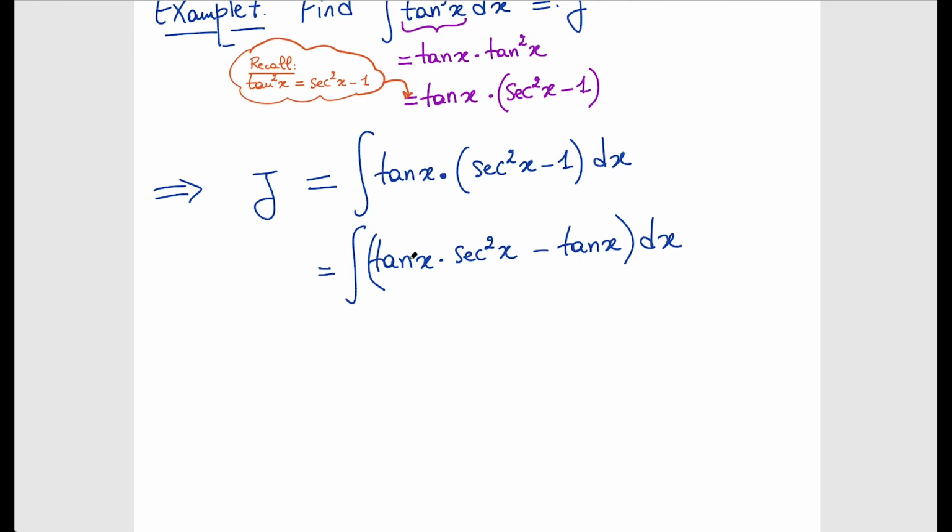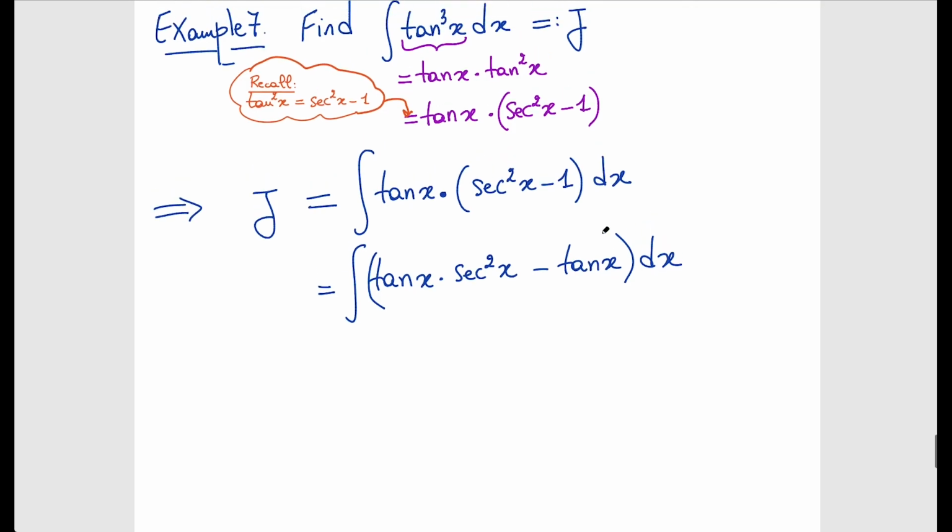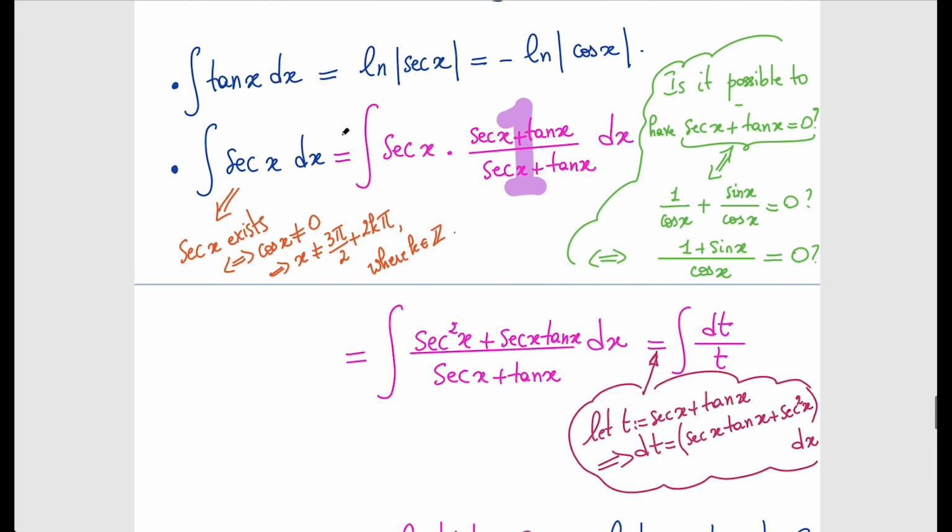Or similarly, you can use u to be tangent, and the derivative of tangent is secant squared. Any of the two alternatives works for the first one, and the primitive of tangent for the second, we've just discussed above. It's this guy.